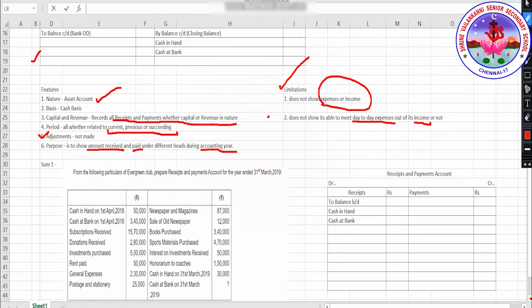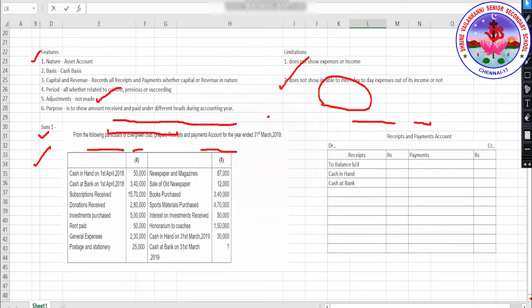So there is a sum that I have taken. This is exercise problem 5. From the following particulars of Evergreen Club, prepare the receipts and payments account for the year ending 31st March 2019. You just have to identify whether each given item is a receipt or a payment.